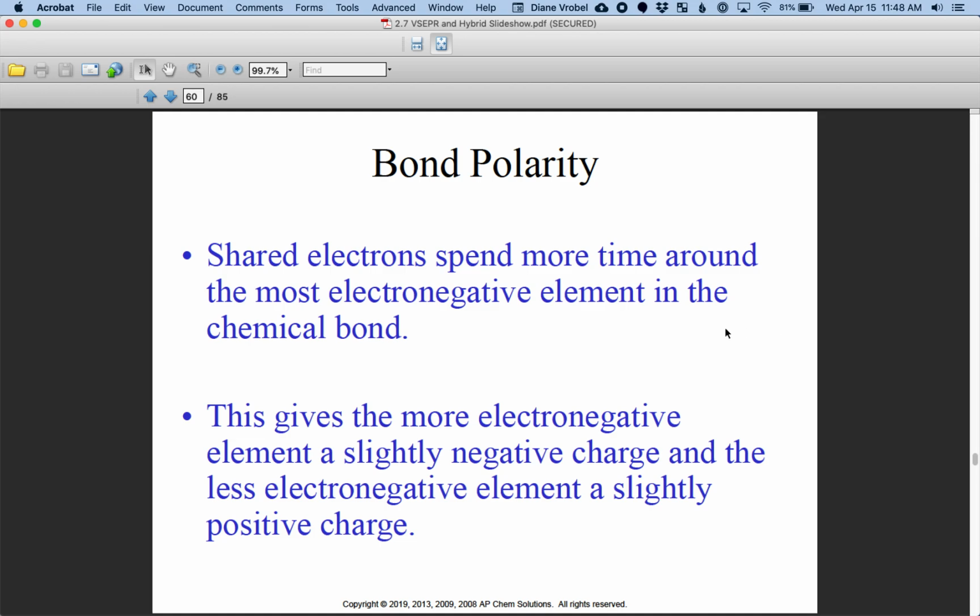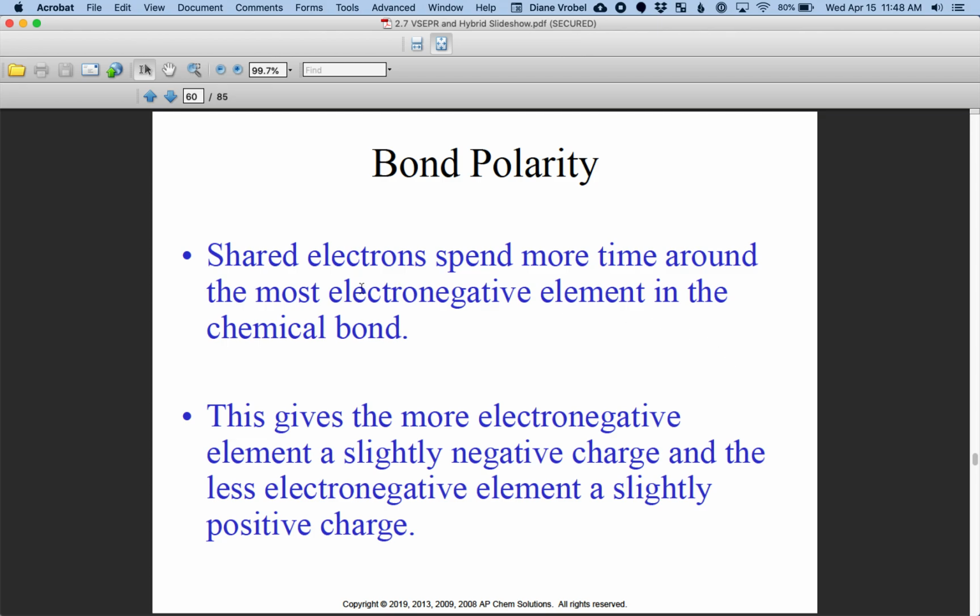Okay, so polarity. This is a subject that sometimes stymies a lot of students because they're not sure how to approach it. So hopefully with this set of notes, you'll be able to figure out the hierarchy or the way to determine whether or not something is polar.